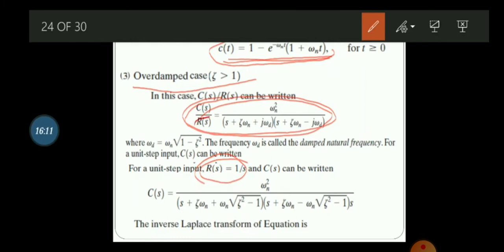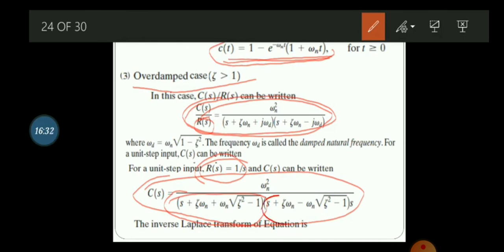Substitute this r of s, then c of s can be written as omega n square divided by s plus zeta omega n plus omega n square root of zeta square minus 1, times s plus zeta omega n minus omega n square root of zeta square minus 1, times s. These are the two poles here.